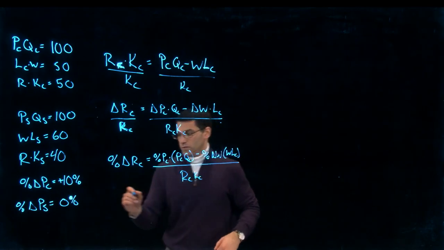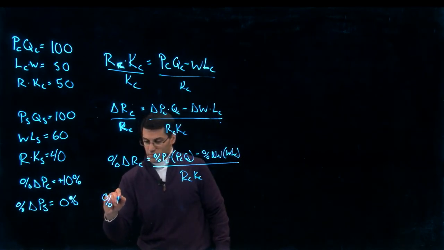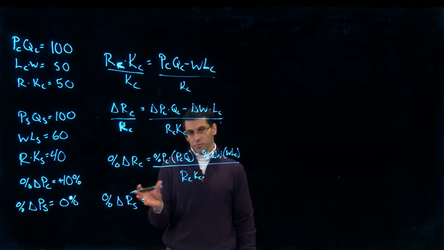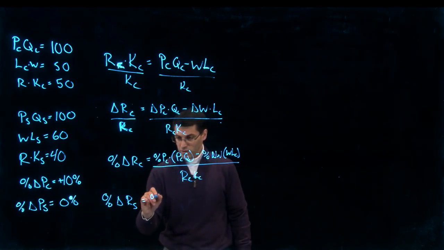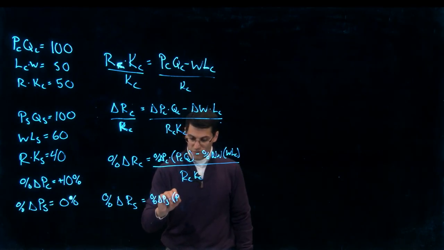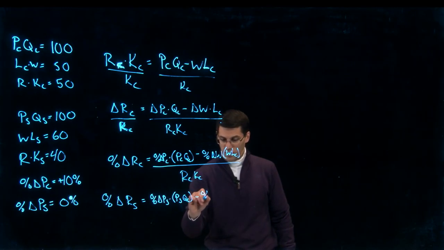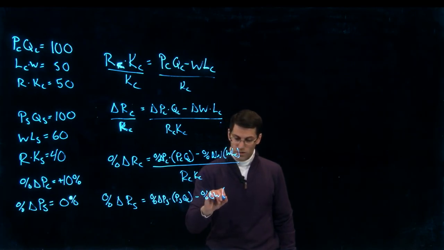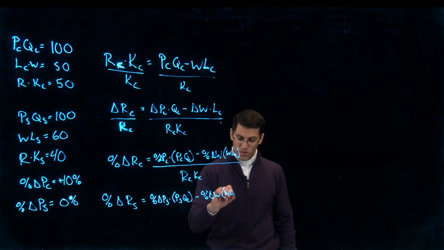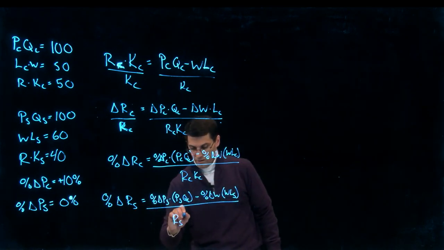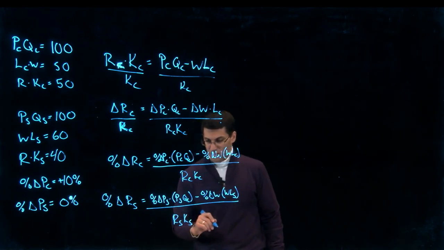RCKC. Well, same thing, you can work through the same steps and you'd have the same or a similar expression for the shoe sector. The percent change in the price of shoes times revenue in the shoe sector minus the percent change in the wage rate times wages paid to labor in the shoe sector, all divided by RSKS.